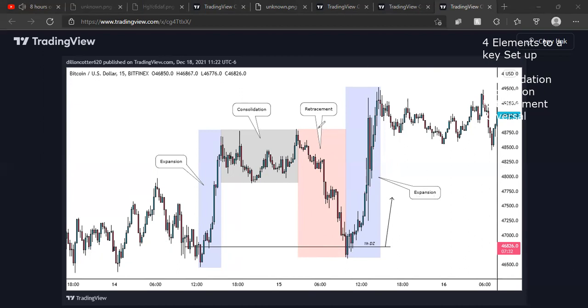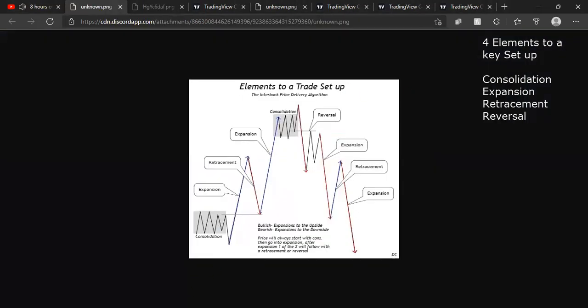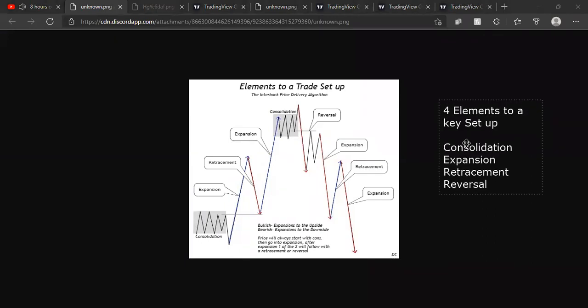One thing to take away from this: everybody's biggest struggle in trading is finding the overall direction, the overall bias in the market.